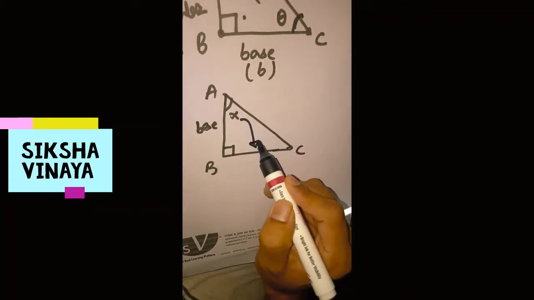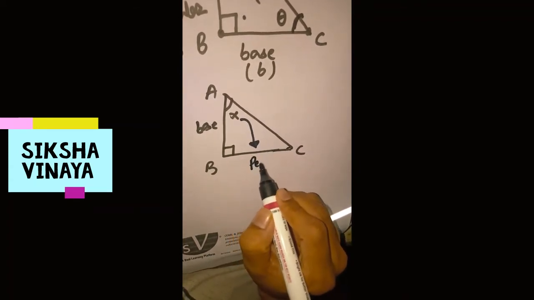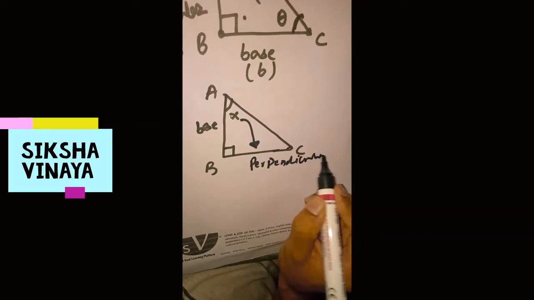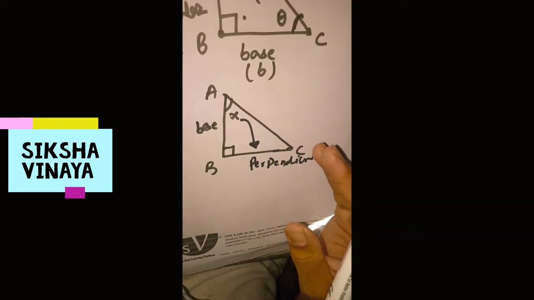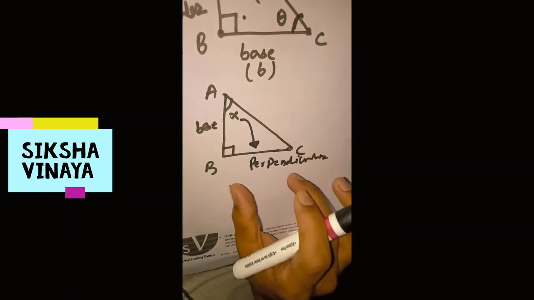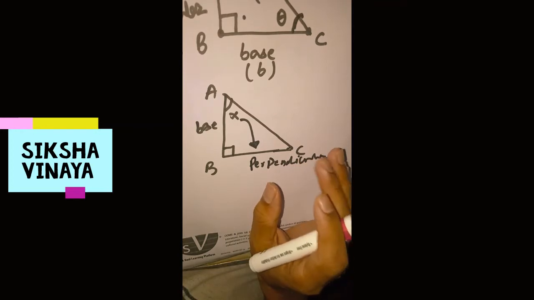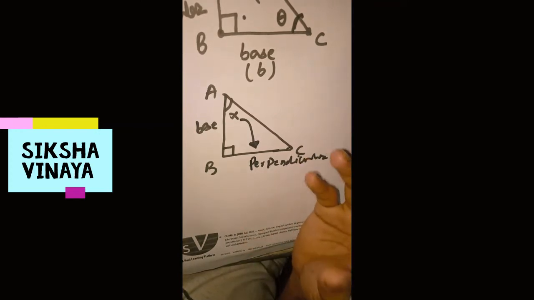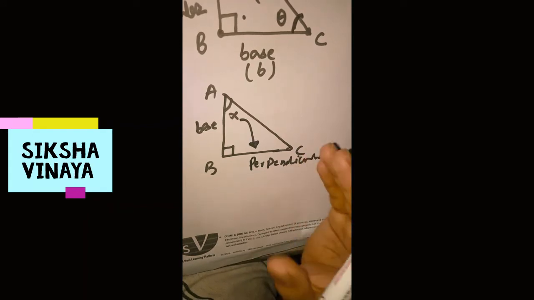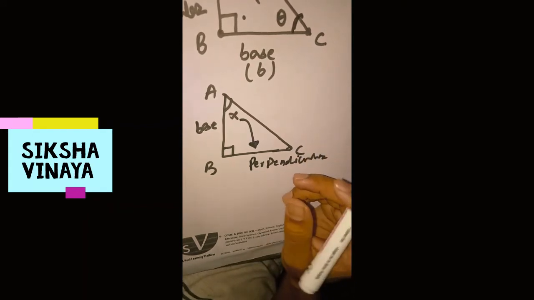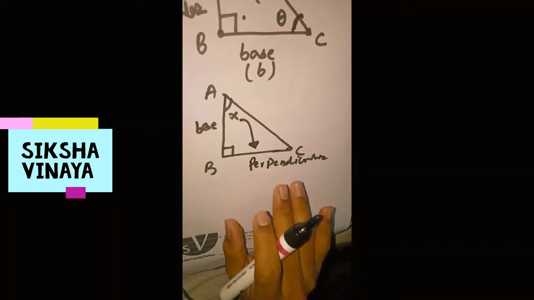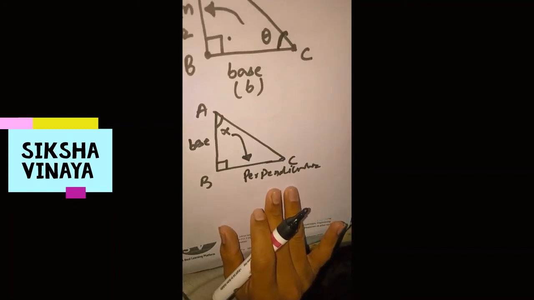This is the vertical line for the observer, so this is called the perpendicular. That means if the viewing perspective is different, the same side is taken as a pillar or as a base. It is up to the viewing perspective, what angle you take. Have you got my point?